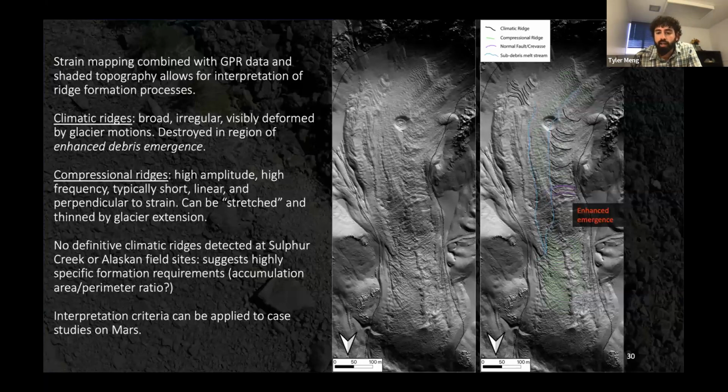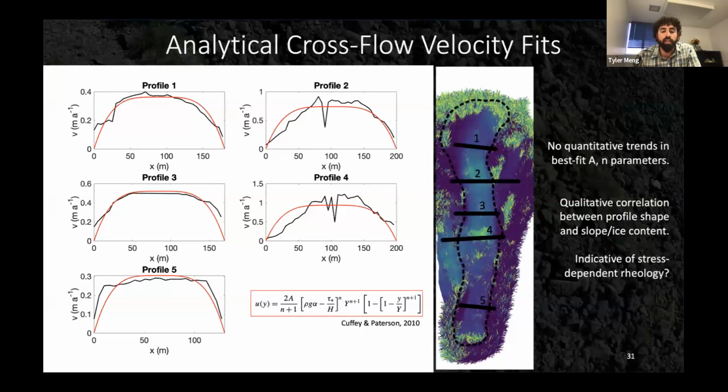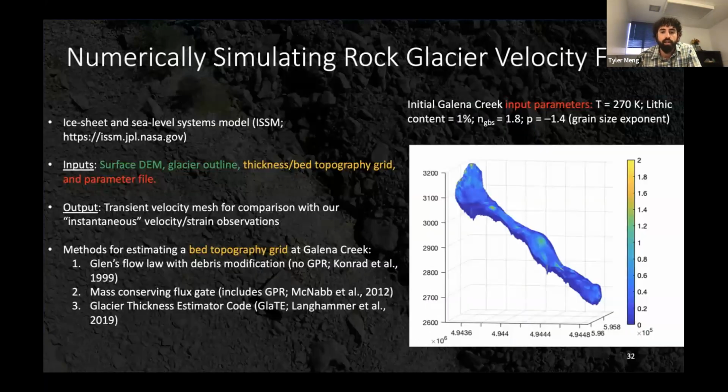I see I'm running out of time because I just got too excited about all of this, and I'll skip through this more quantitative analytical analysis where I'm essentially trying to best fit our cross-flow velocity profiles with some analytical streamflow models. And then I've also begun doing this numerical simulation with help from Claire Cook to test these scenarios with different bed topography grids.